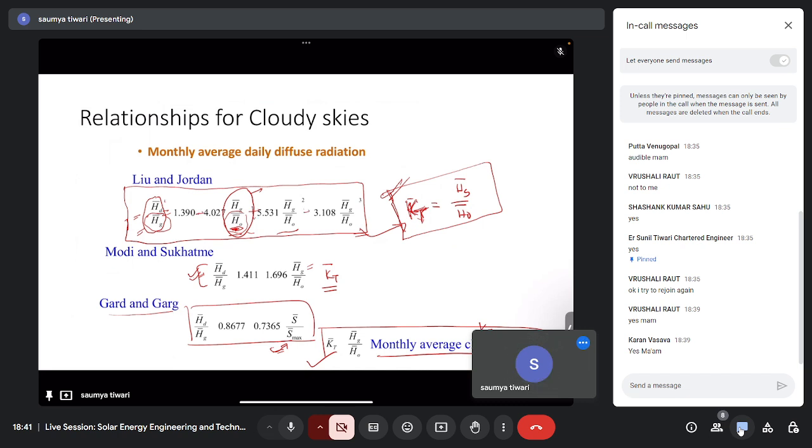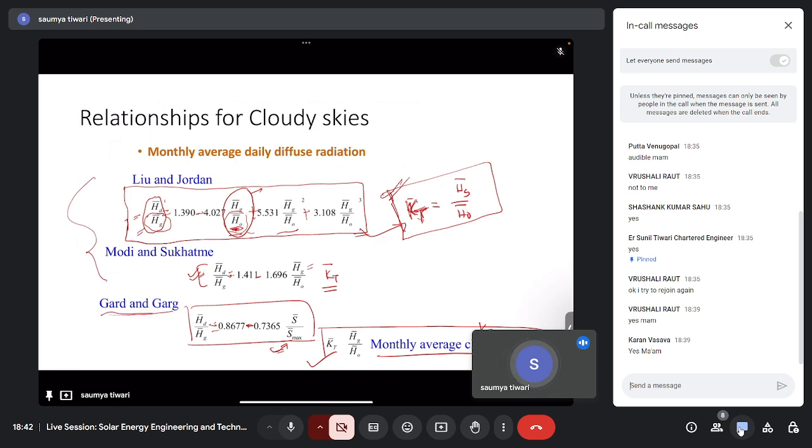Modi and Sukhatme have also given SD bar in terms of the KT parameter, and Gard and Gorga have also given one. So I think this will be minus. Here you can see these two are given in terms of Hg bar and H naught bar.